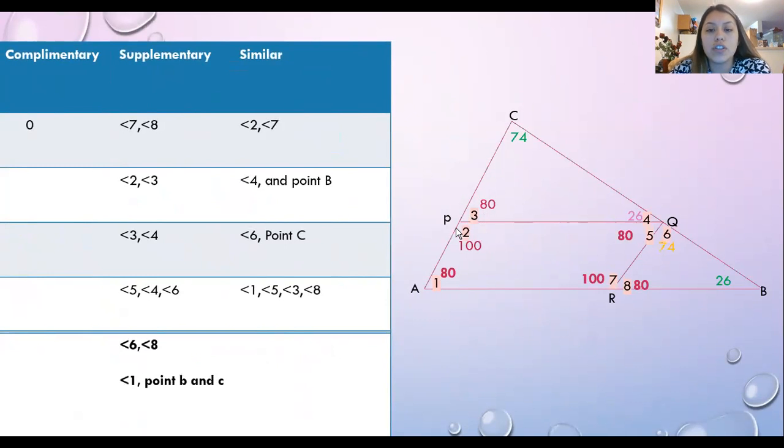The similars are 2 and 3, angle 4 and point B, angle 6 and point C, angles 1, 5, 3, and 8 were similar, which is the same.